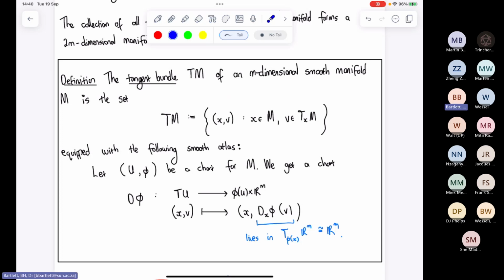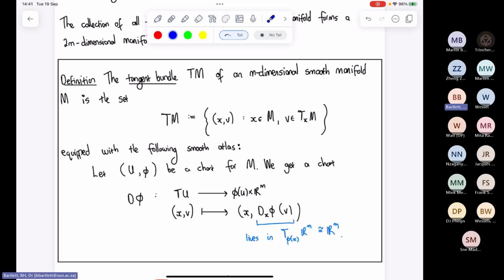I have to equip that set with the structure of a smooth manifold, so I have to define a smooth atlas on it. How am I going to do that? Well, I know M is a smooth manifold, so M has charts. So let (U, phi) be a chart for M. And this is going to give me a chart for TM, because I can take TU, that would be just the set of points (x, v) where x is in U and v is in the tangent space at x.